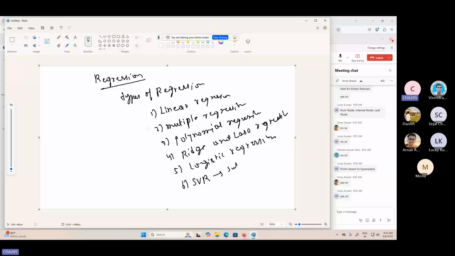And the seventh one is decision tree and random forest regression, a tree-based model that handles non-linear relationships.